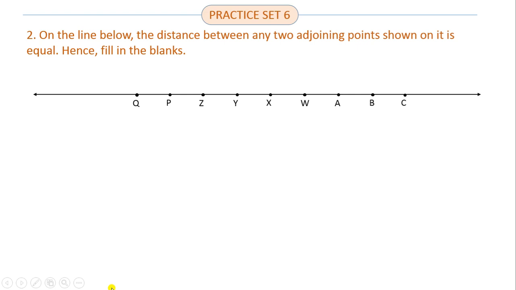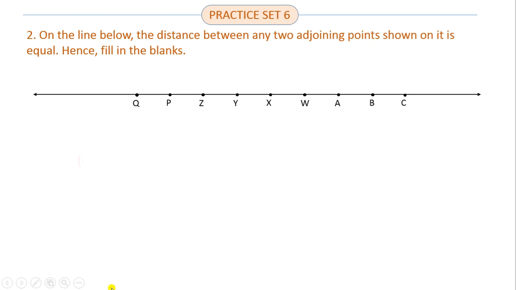That is, length of AB is equal to length of BC is equal to length of WX is equal to length of QP, and like this. By observing the given line and points on that line, we can fill the blank spaces given below.